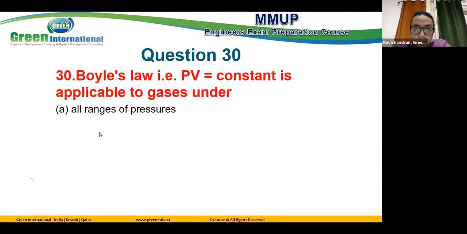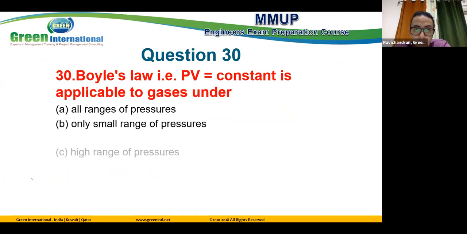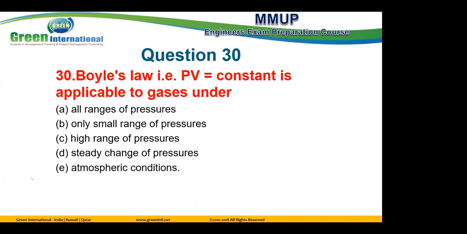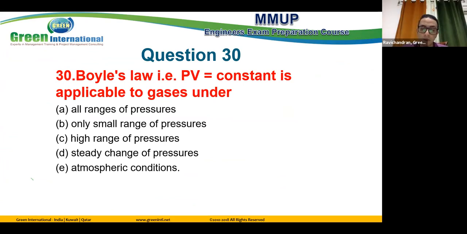Boyle's law, PV equals constant, is applicable to gases under small ranges of pressure.